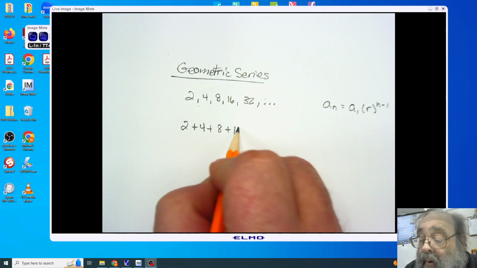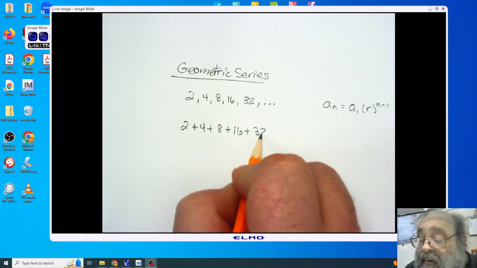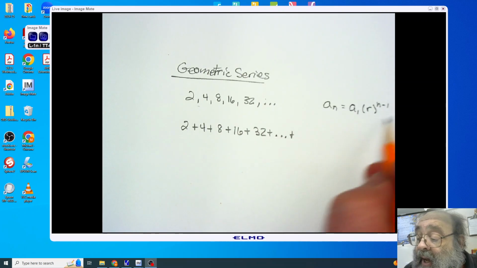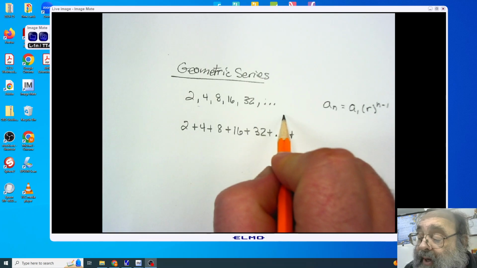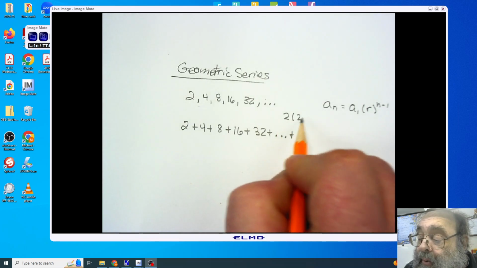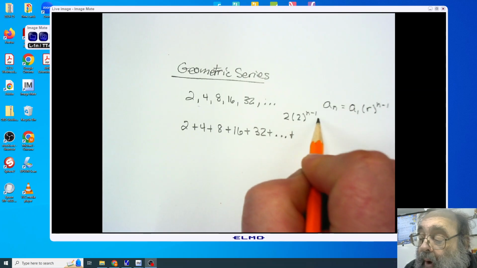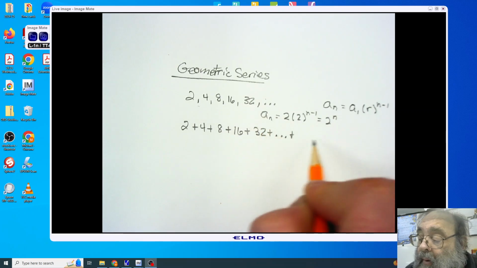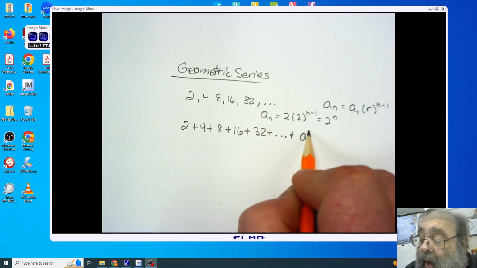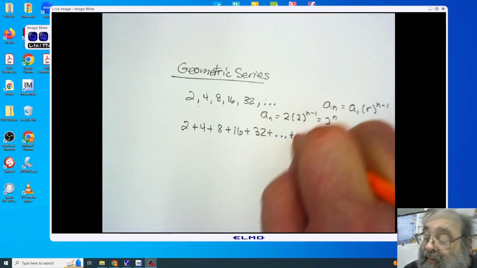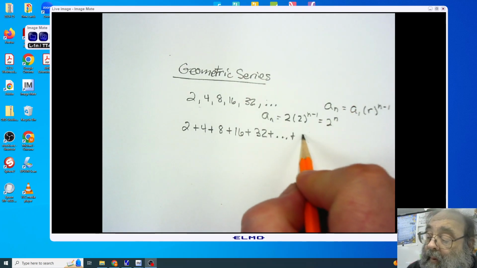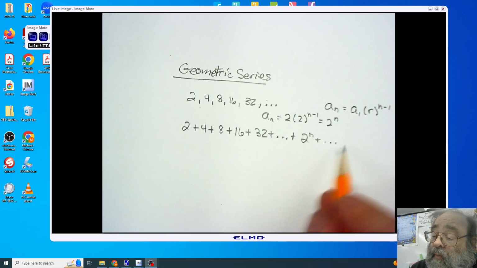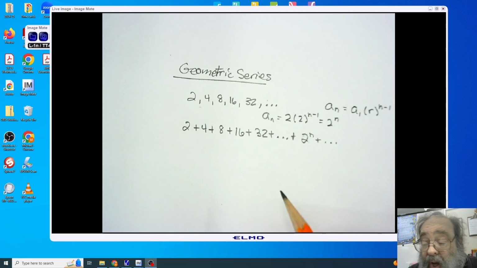So this is now a geometric series from the geometric sequence that we found using this rule, which would give us 2 times 2 to the n minus 1 power, which is 2 to the nth. That's our rule, and this would therefore be 2 to the nth, and then continues thereafter.